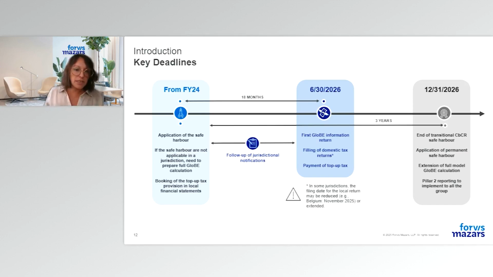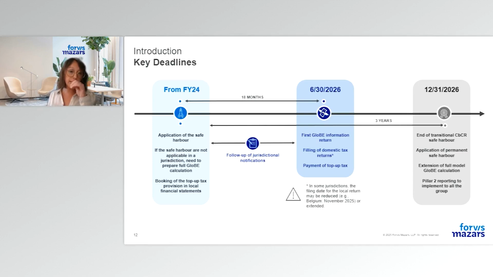I maybe forgot, in the meantime, the group might file jurisdiction notifications, which according to GloBE rules have to be filed at the same time as the GloBE information return. But we observe that in many jurisdictions, this notification has to be submitted prior to that date. So it's why we recommend monitoring compliance on a jurisdiction by jurisdiction basis.